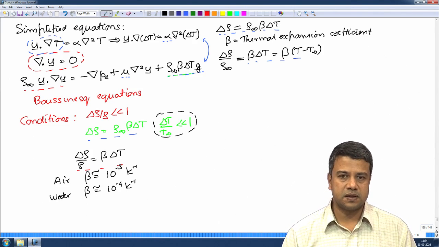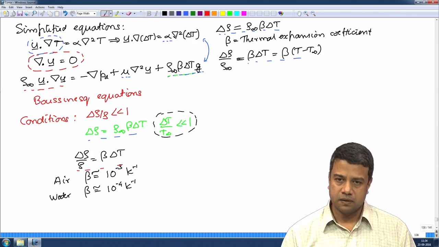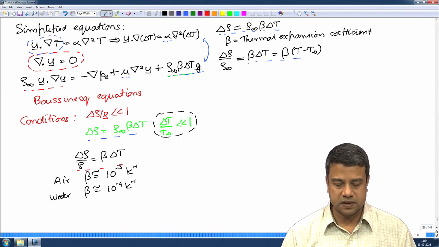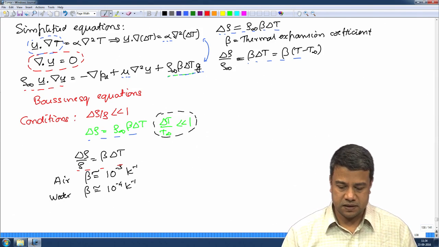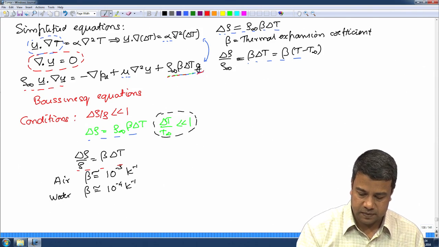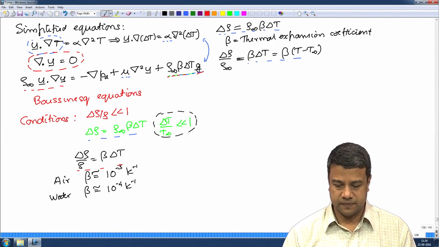We also assume that the diffusivity and the viscosity are also independent of temperature. Once again, that is valid when the temperature change in absolute units is small. However, the effect of density change is included in the body force term. Those are the Boussinesq equations for natural convection.